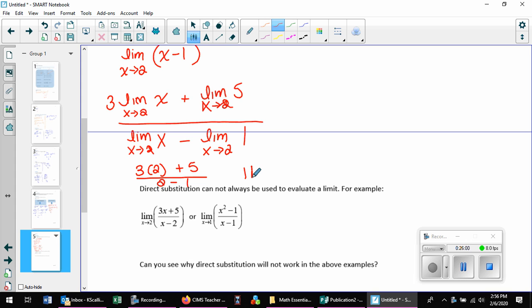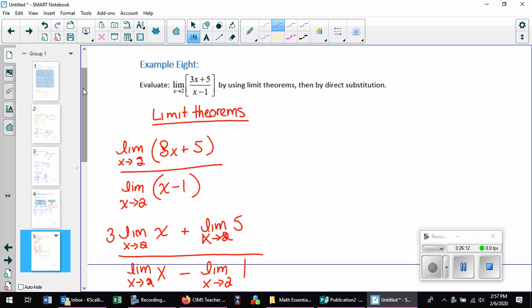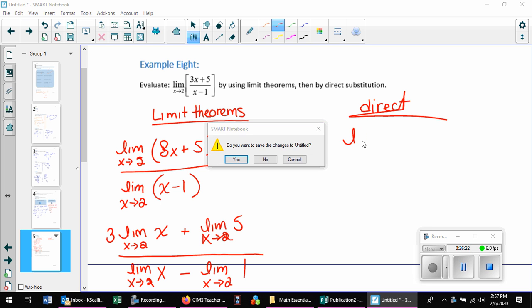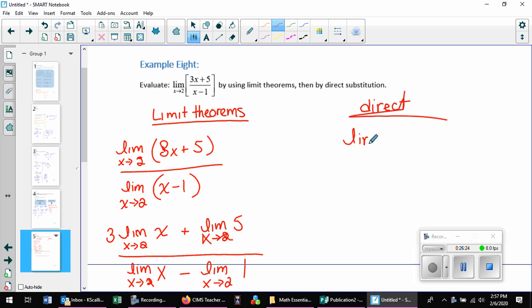Okay, but that's an awful lot of work, but there's benefits to doing it because there's going to be a lot of stuff that doesn't work with direct substitution. So, okay, so now if I do direct substitution, this is pretty easy. Well, it's easier if my pen works.